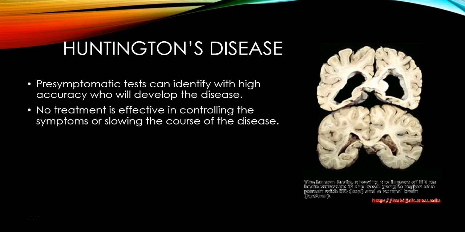Now, typically, it's inherited by the genes your parents have, so very often people know if this runs in their family and know if they're at risk for it at all. But if it did run in your family, if you know a parent had it, then would you want to take this test to know if you also inherited the gene? Kind of an interesting bioethical question. All right, well, thank you very much.